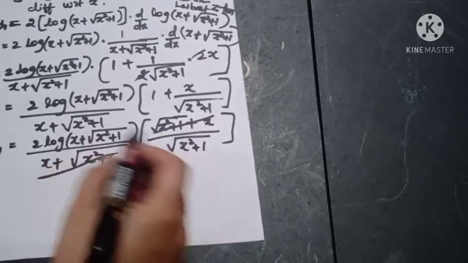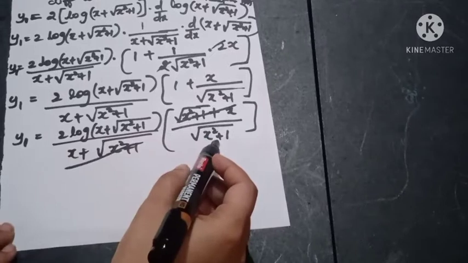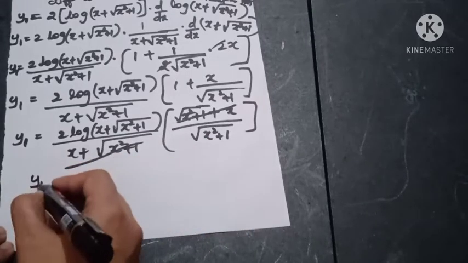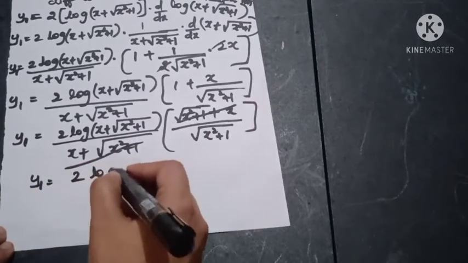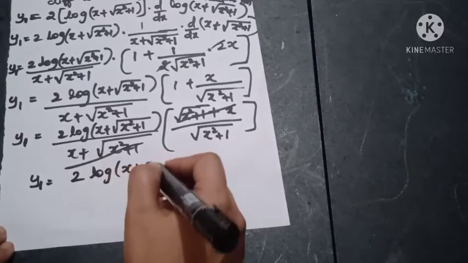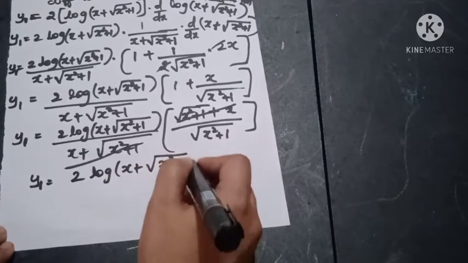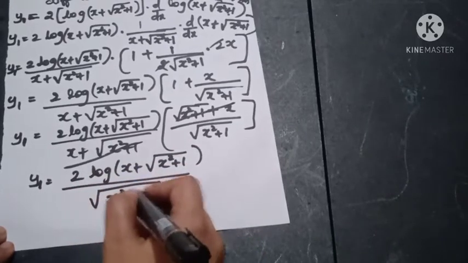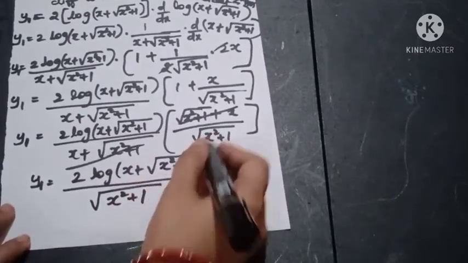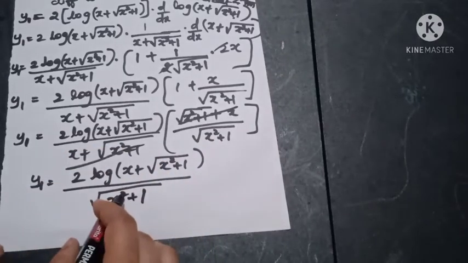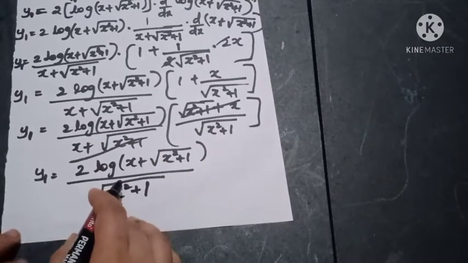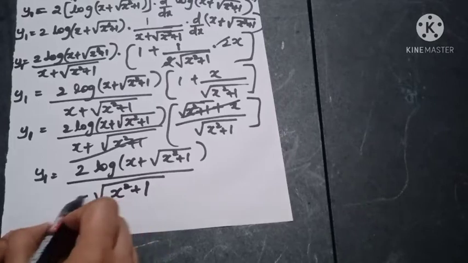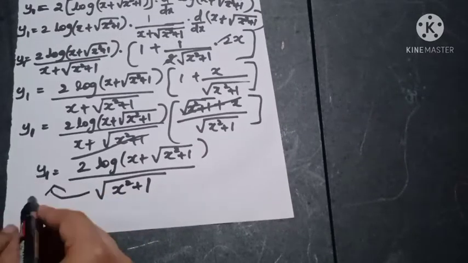So we are left with 2 log x plus square root of x square plus 1 divided by square root of x square plus 1 in the numerator. So this is our y1. So what we'll do is we'll send this to the LHS.